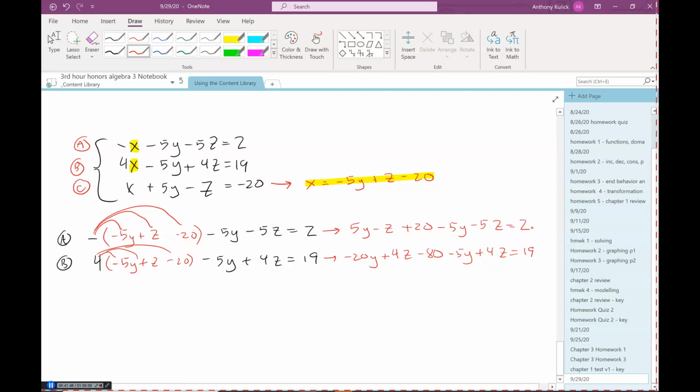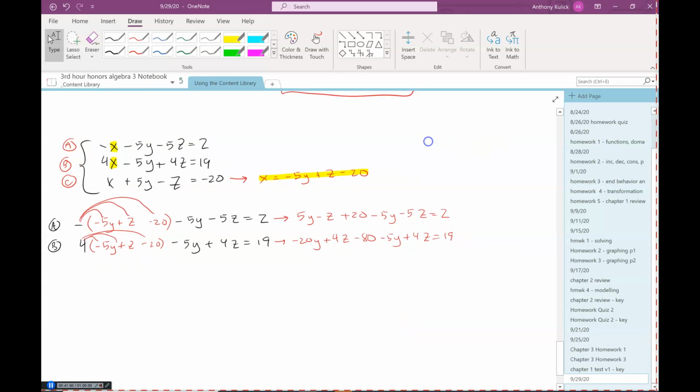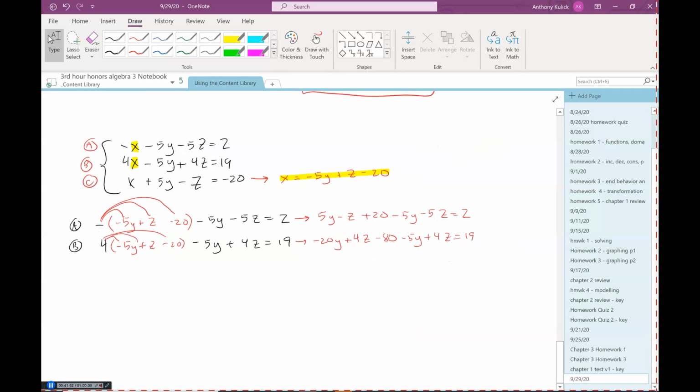And now what do you notice has happened in that first substitution? When we go to combine like terms, something great has happened again, just like it did when we did the elimination. Yeah, I have a 5y and a negative 5y, so when I combine like terms, I have no more y's. Does that usually happen?